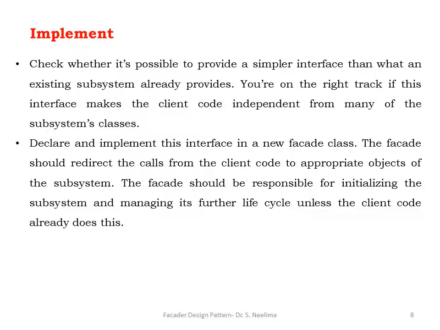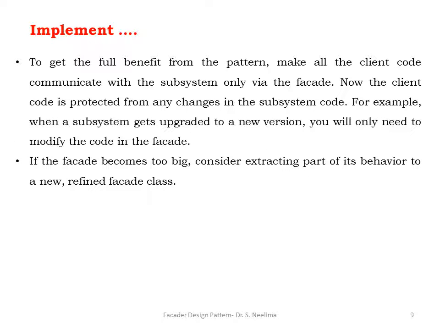The facade should be responsible for initializing the subsystem and managing its further life cycle, unless the client code already does this. If you want to get the full benefit from the facade pattern, make all the client code communicate with the subsystem only via the facade. All the requests from the client to the subsystem have to be made through the facade.